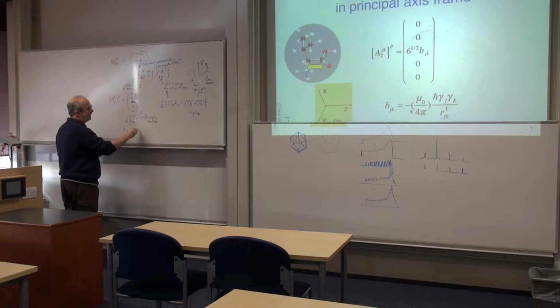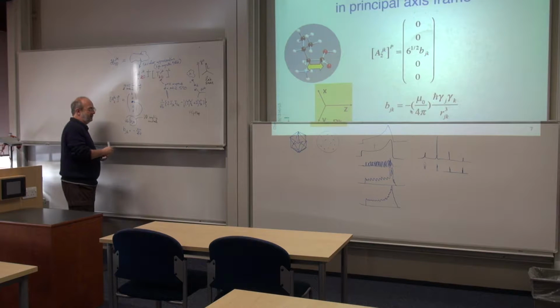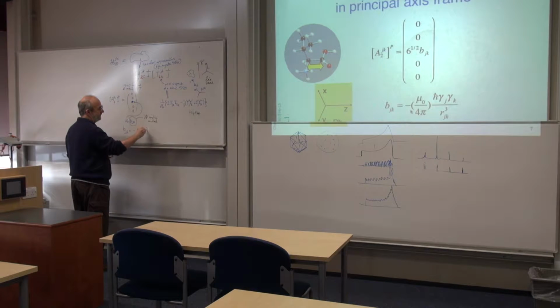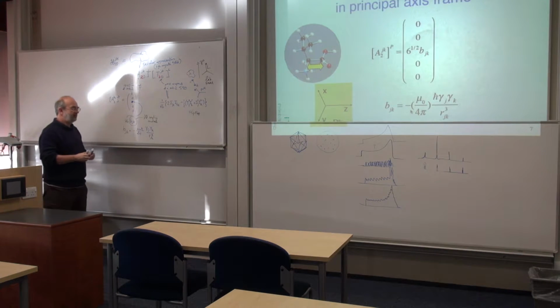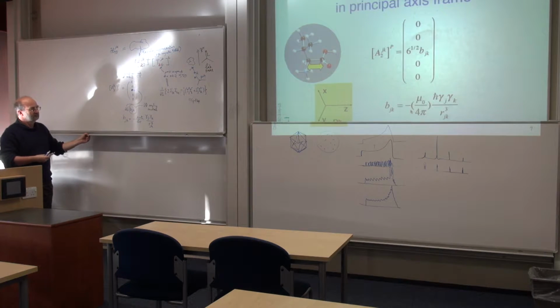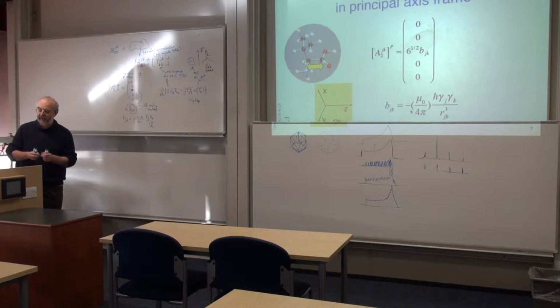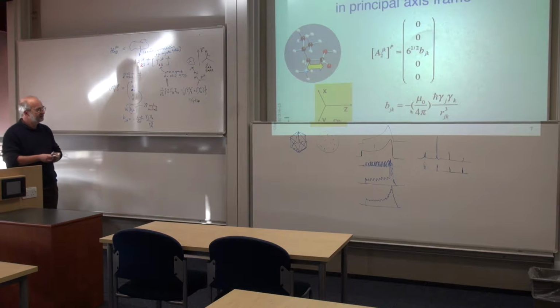And that's given by minus some constants for SI units, and then these important terms, the product of the 2 magnetogyric ratios, and then the inverse cube of the distance between them. So this equation expresses the fact that the dipole-dipole coupling between 2 spins depends on the inverse cube of the distance.